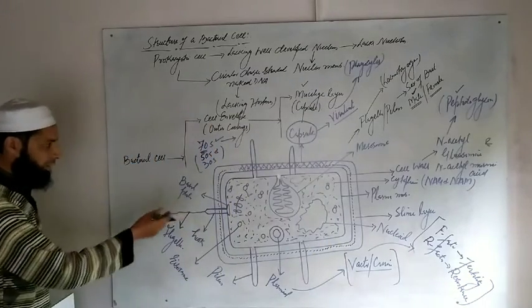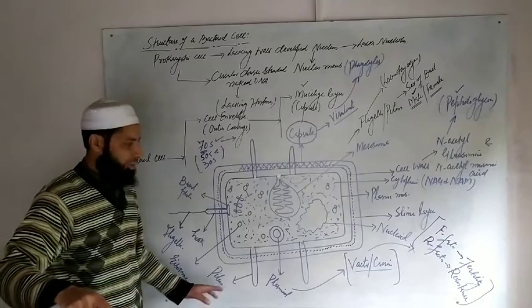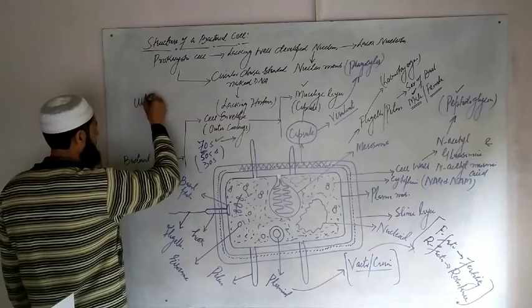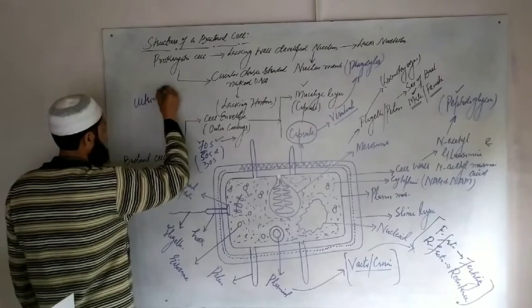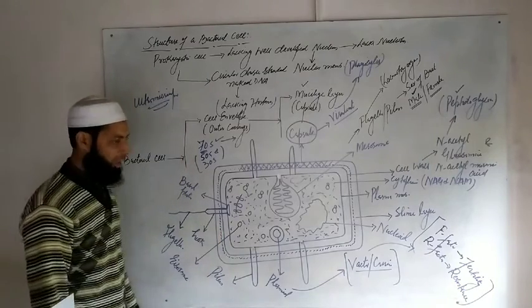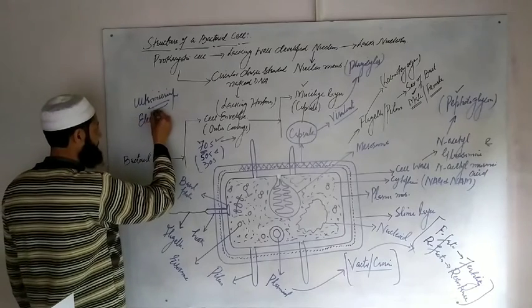This is about the structure of a typical bacterial cell as seen with the help of an ultramicroscope. It's the ultrastructure of a typical bacterial cell, that means when we see the cell under an electron microscope.